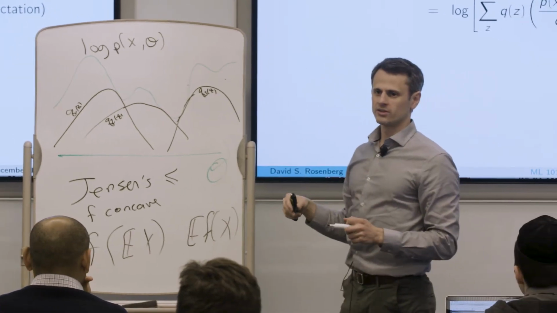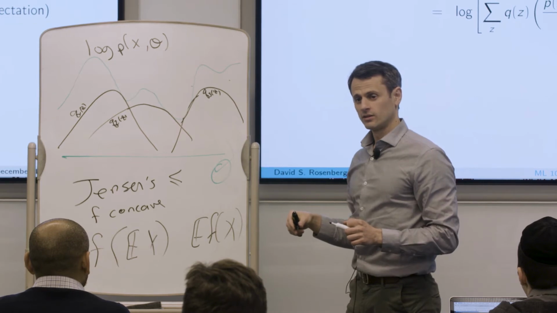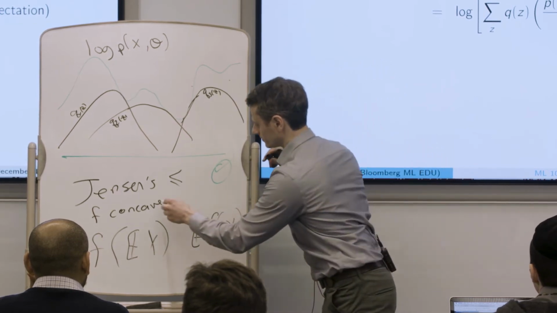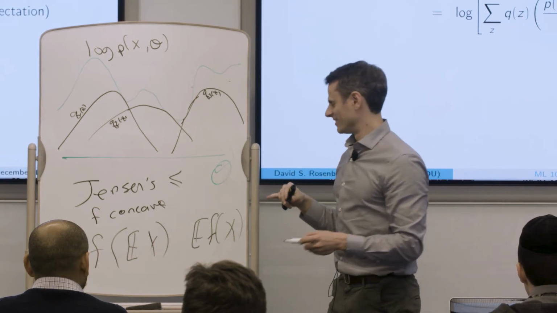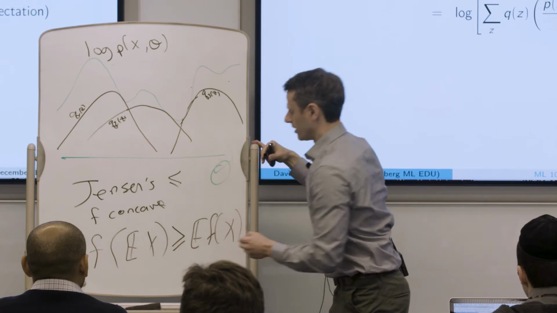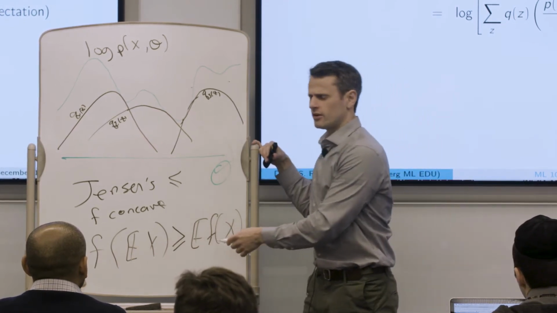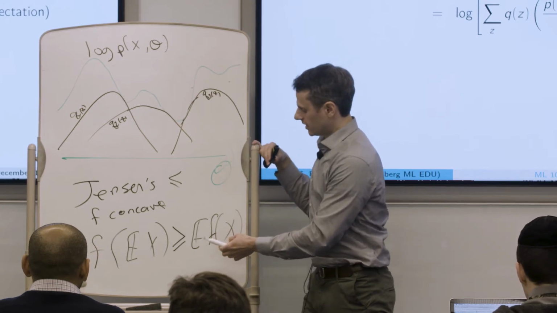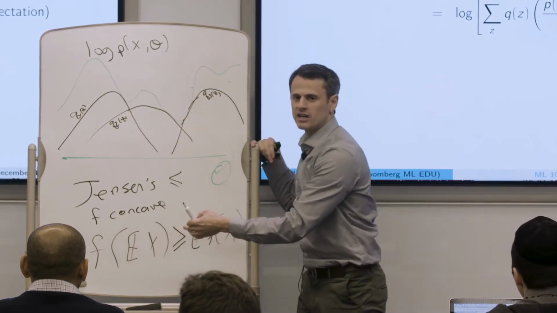You guys remember which way it goes? For concave f, the way I just worked that out in my head is, if f were x squared, I know this thing had better be larger than this, and for f concave it's the reverse.